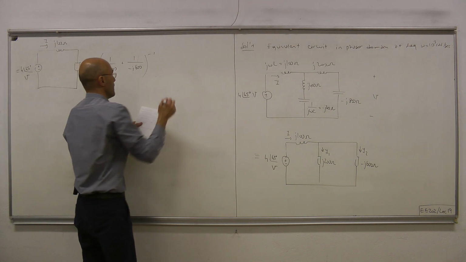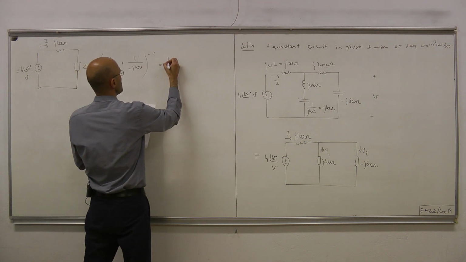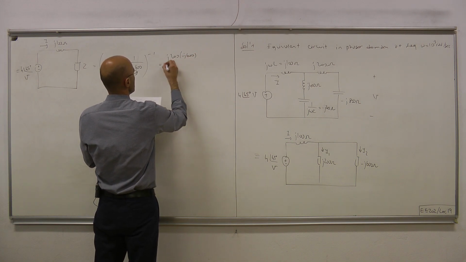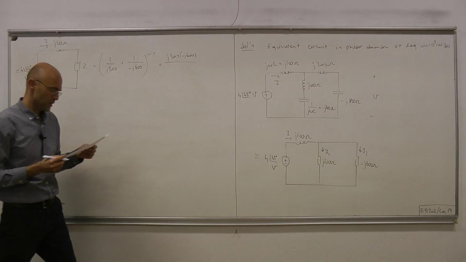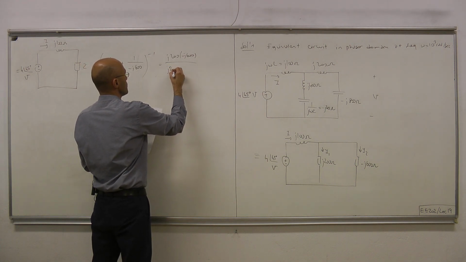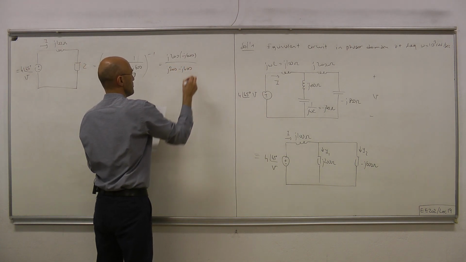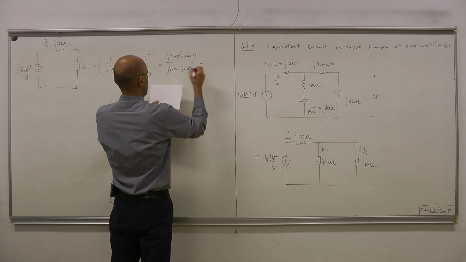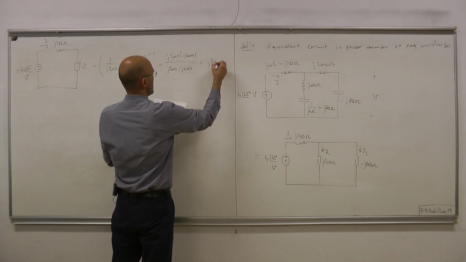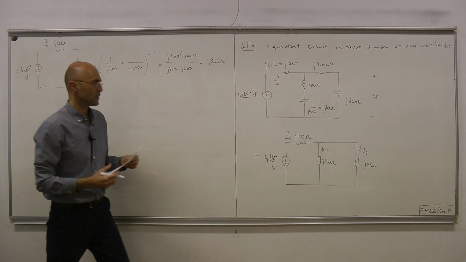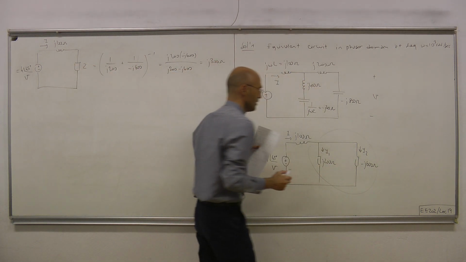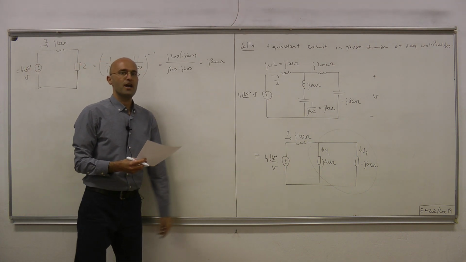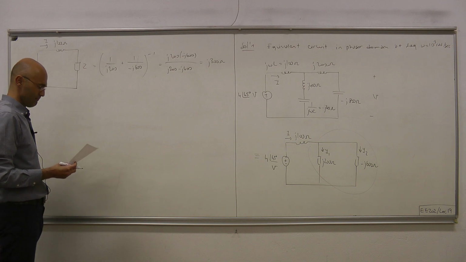Now this equals J200 times minus J600 divided by the sum of the impedances, J200 plus minus J600, and this yields J300 ohms. So these two give rise to an equivalent impedance of J300 ohms.